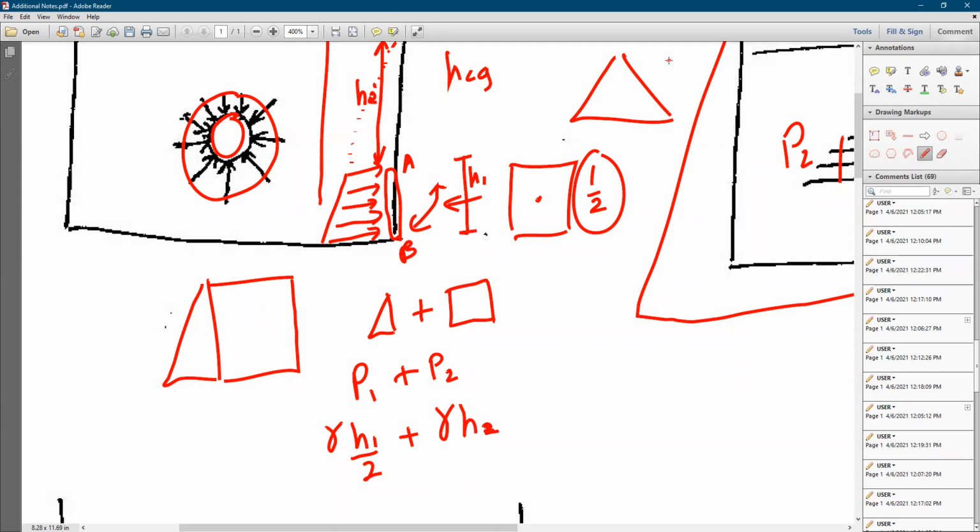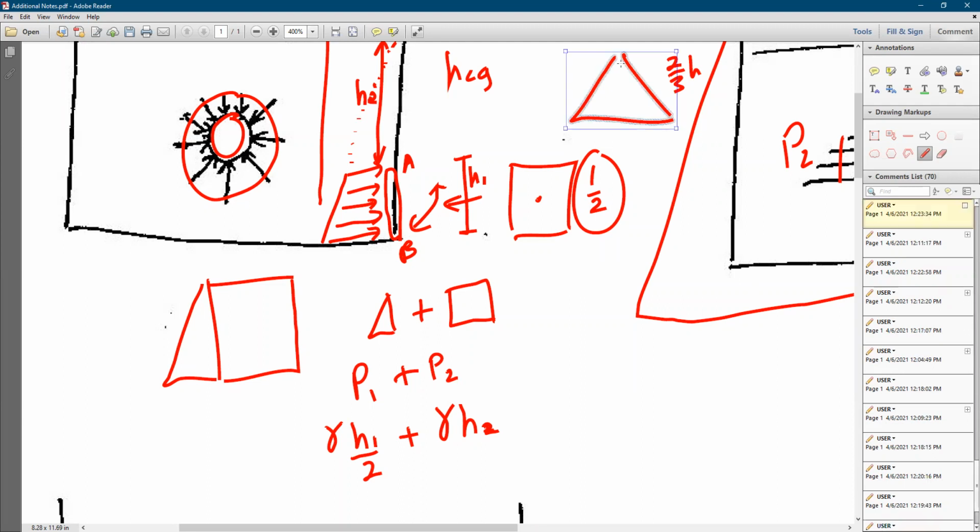It is 2/3 of the H if you are measuring from the top. If you are measuring from the base, then it is 1/3 of the H. That is how it works.